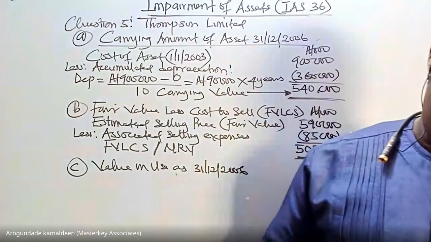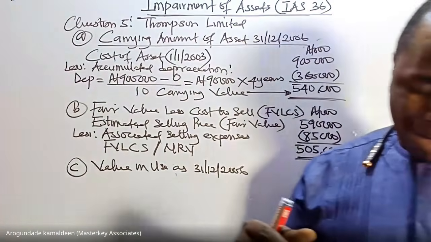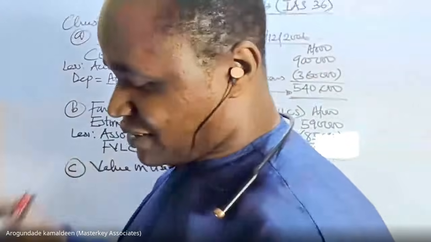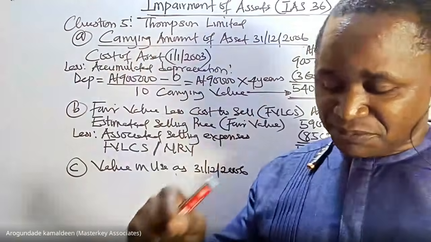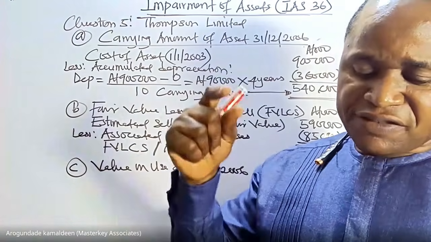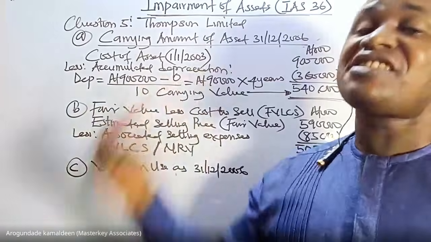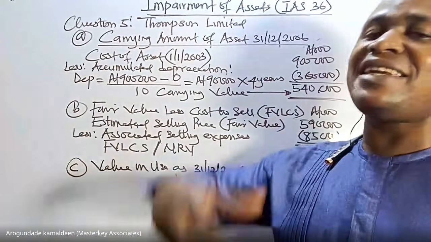If we check the question very well, it says the anticipated net cash inflow from the asset is 150 million per annum for the next 6 years. So this is a constant cash flow annuity.